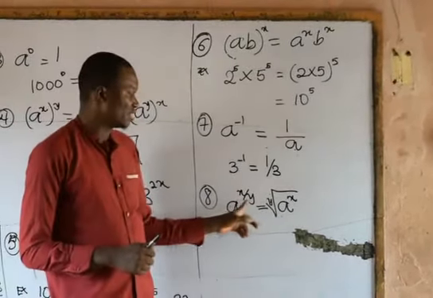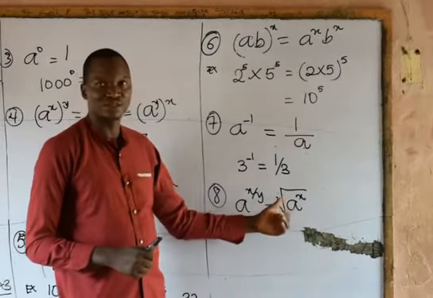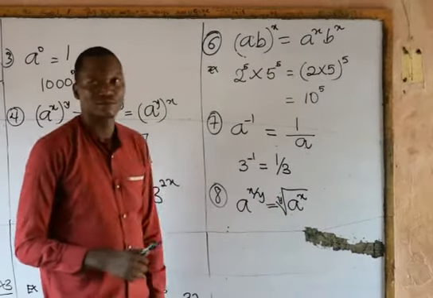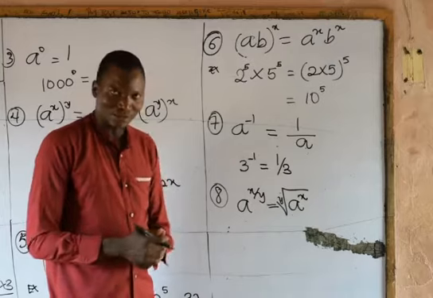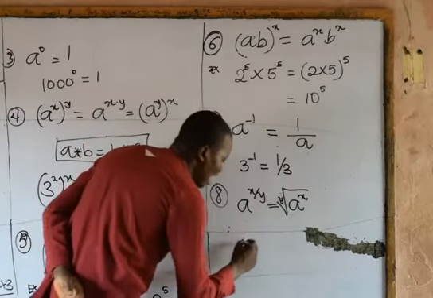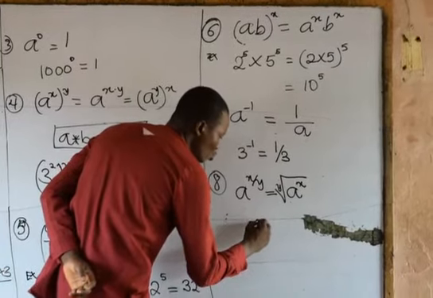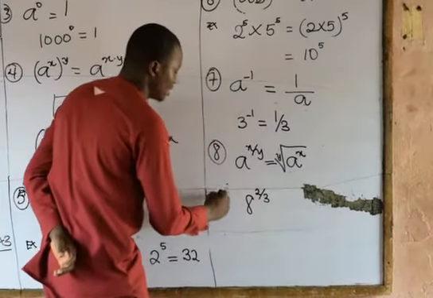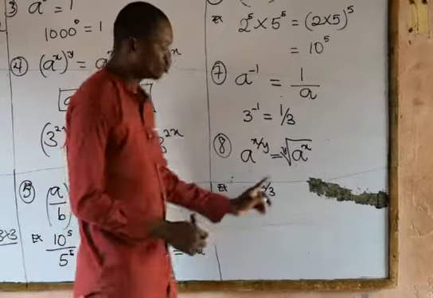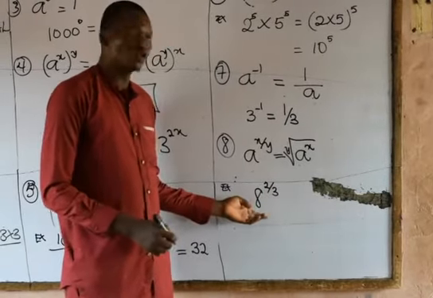A raised to the power of x at the root of y. Example, when we have 8 raised to the power of 2 over 3. This is an example.